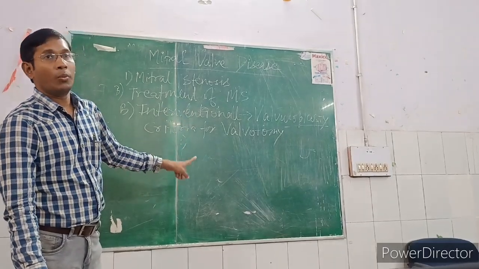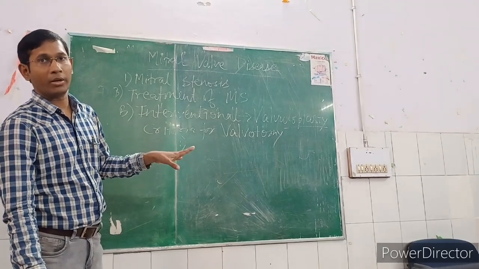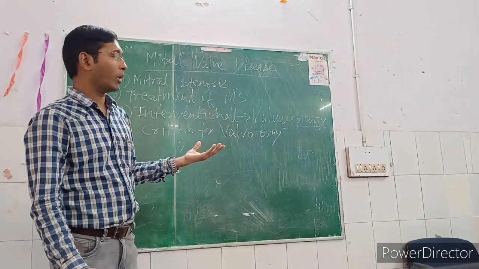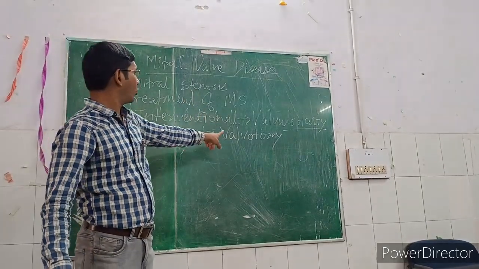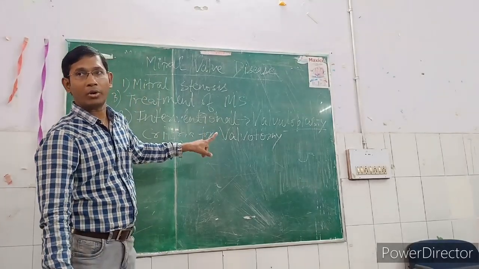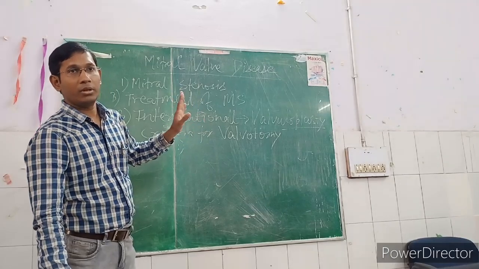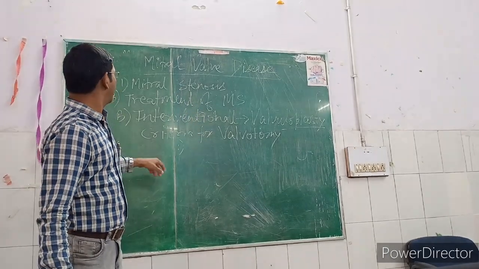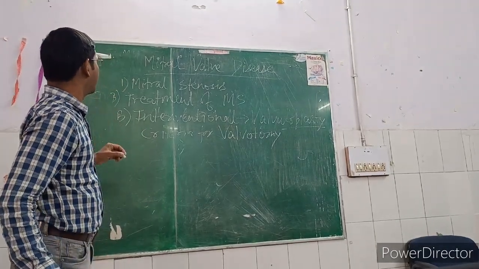And number two, when the valve is calcified and rigid, there is no meaning in repair of the valve; that valve has to be replaced. So the criteria for valvotomy are significant mitral reflux, and number two, an immobile and calcified valve. So these are the treatment modalities for mitral stenosis.